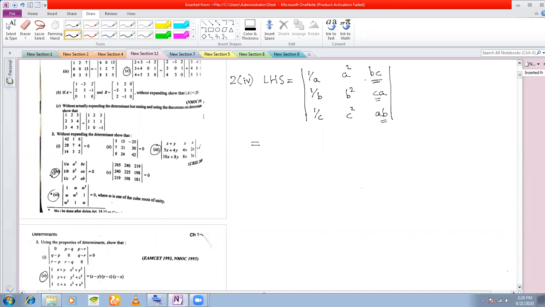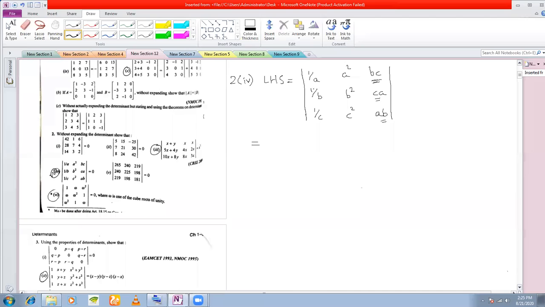if I multiply this entire row by A, let me think if there is any other method to do this. Any other shorter method? Don't think so.